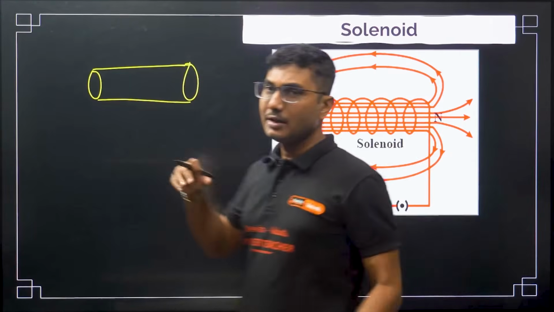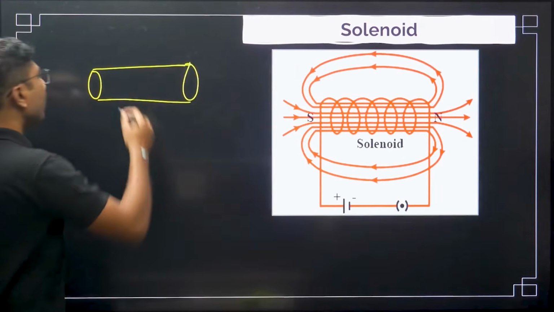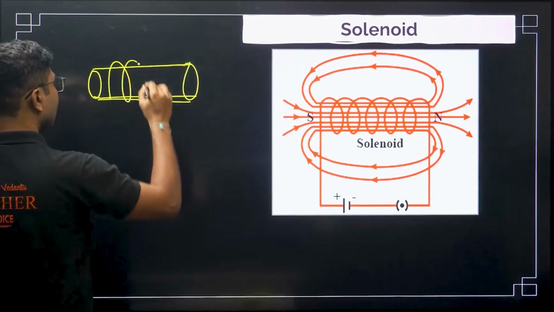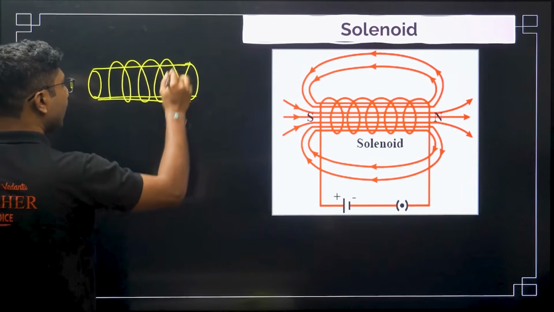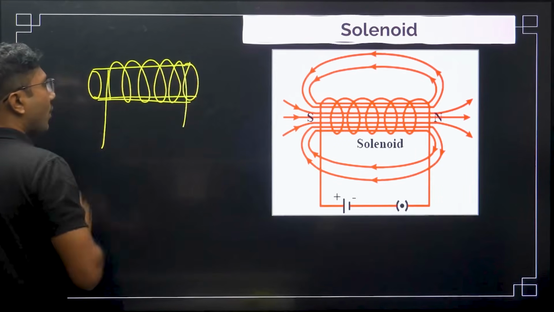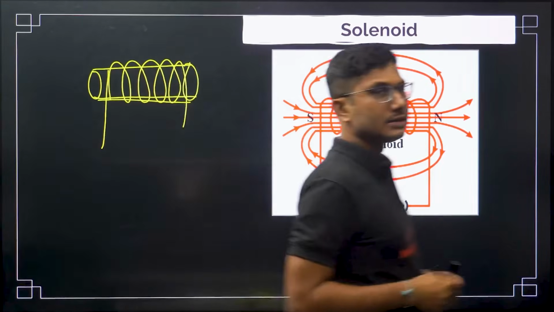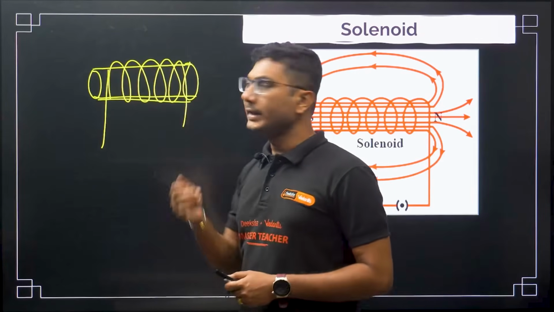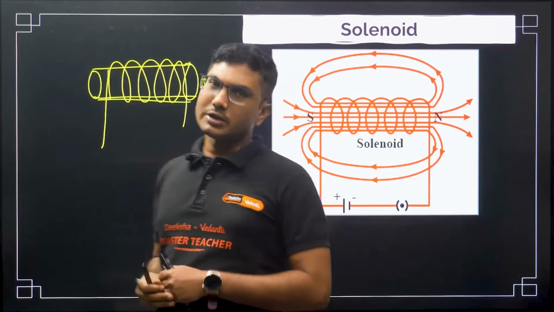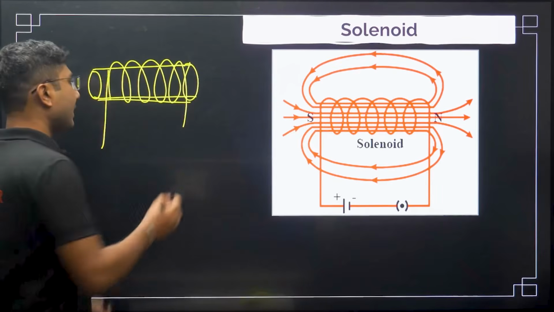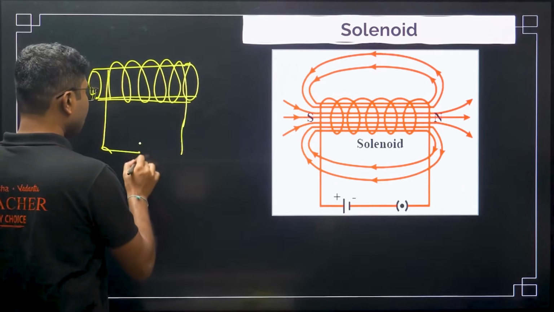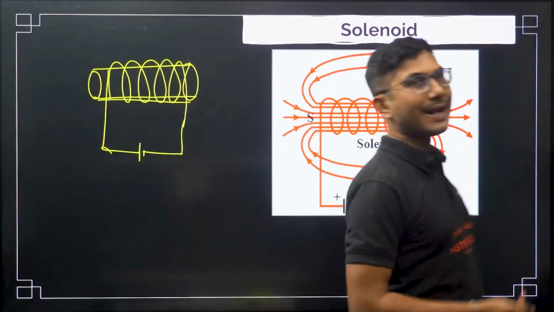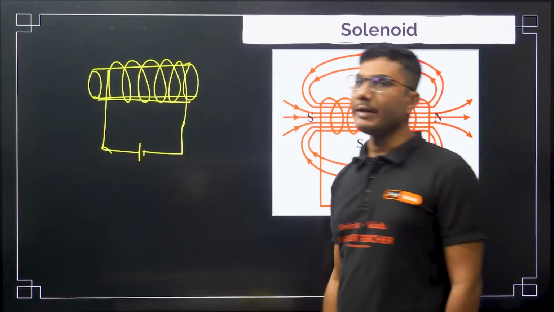If you take that water pipe and wind some insulated metallic wire on that cylindrical object, then this structure is called a solenoid. And if you connect it to a DC battery, then it will behave as a magnet.